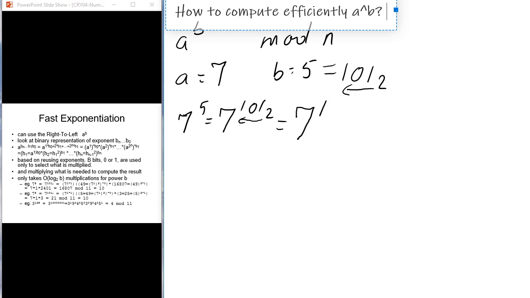So it's 1 plus 0 times 2 plus 1 times 2 squared. Notice that this 1 came here. The 0 goes with 2, and 1 with 2 squared.